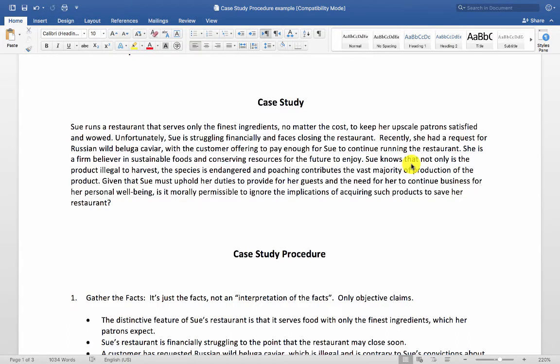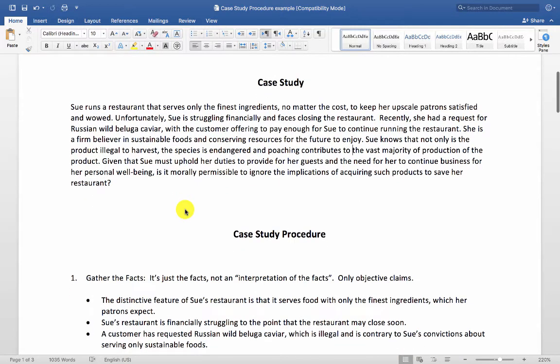Sue knows that not only is the product illegal to harvest, the species is endangered, and poaching contributes to the vast majority of production of the product. Given that Sue must uphold her duties to provide for her guests and the need for her to continue business for her personal well-being, is it morally permissible to ignore the implications of acquiring such products to save her restaurant?